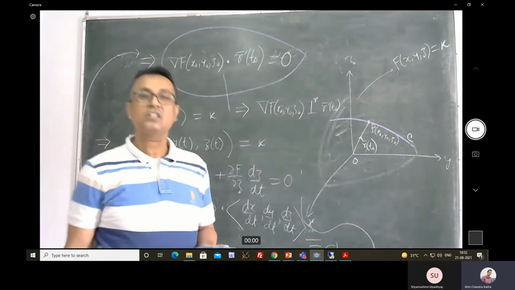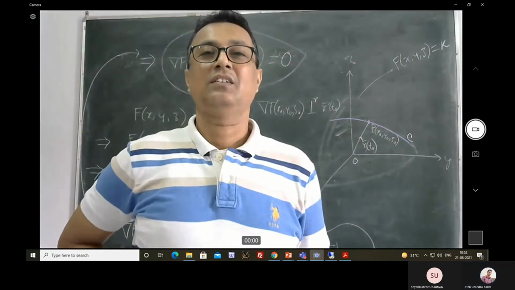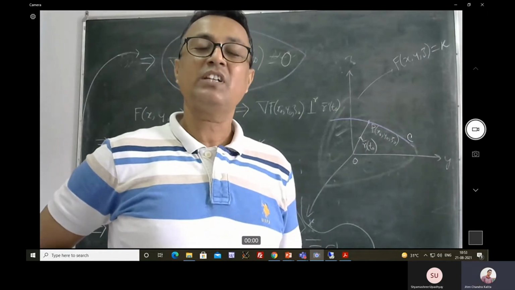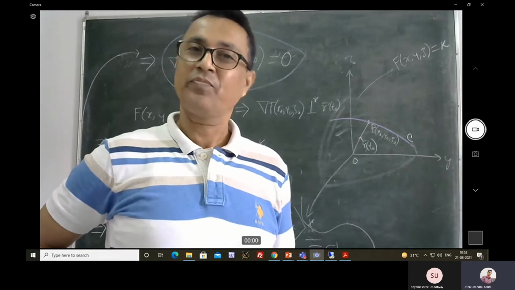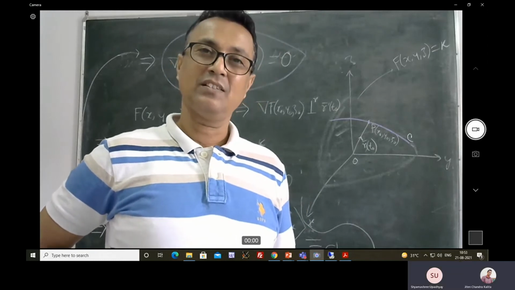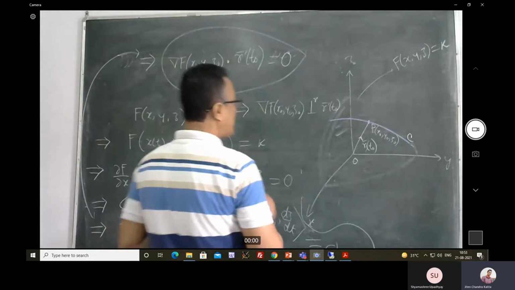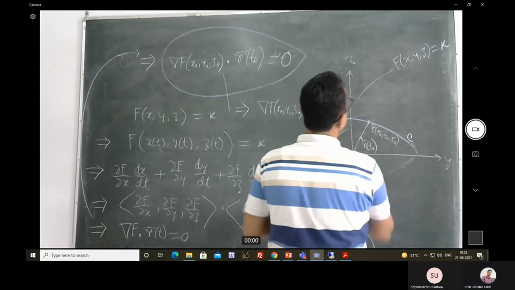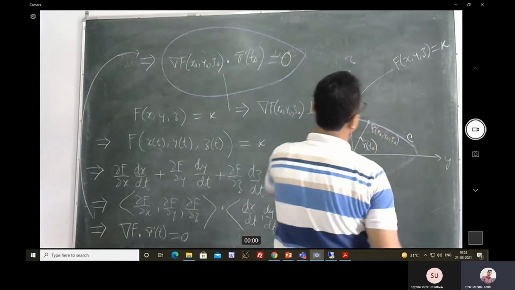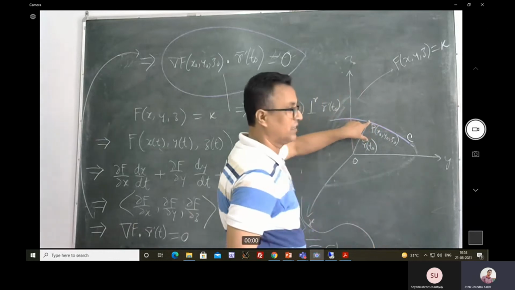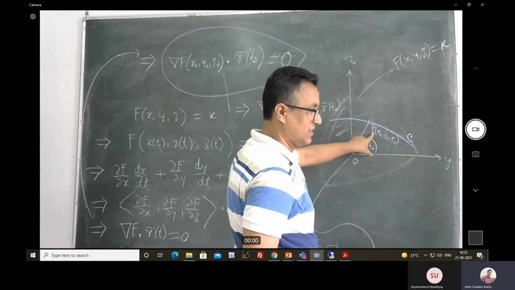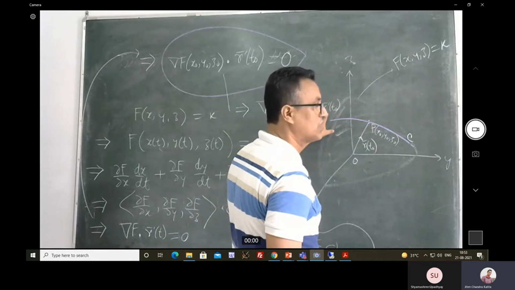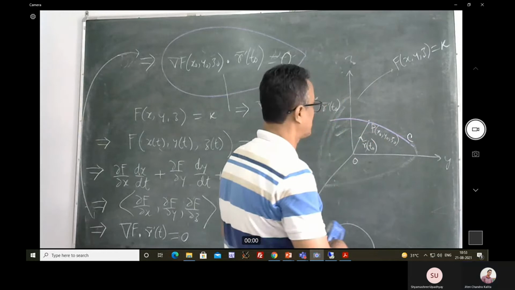But r prime t naught is nothing but the tangent vector at the point x naught, y naught, z naught to the curve C. Is it clear? So that means the gradient vector at the point P must be perpendicular to the tangent vector to the curve.